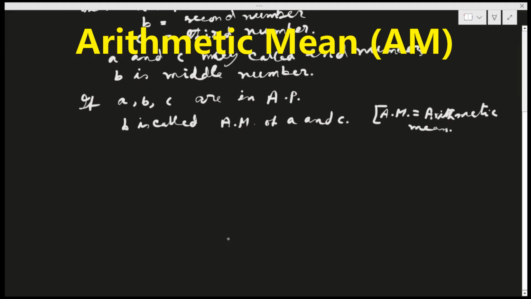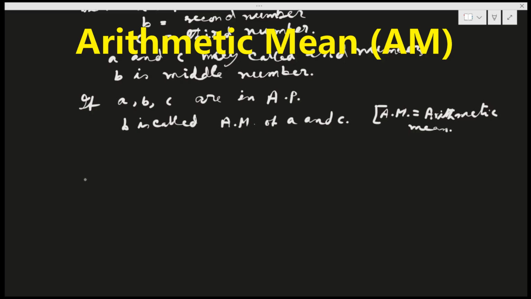Now, here in this case three numbers were given, and we have defined the arithmetic mean. If two numbers are given, how do we find the arithmetic mean?